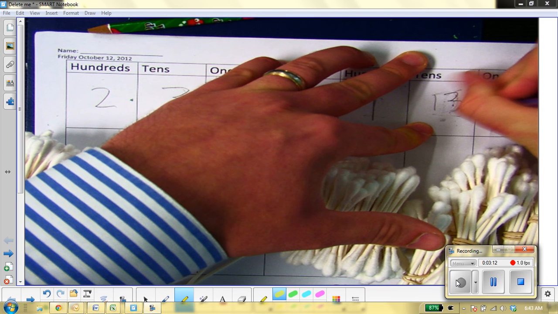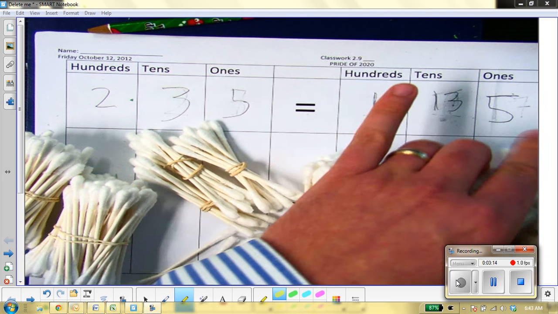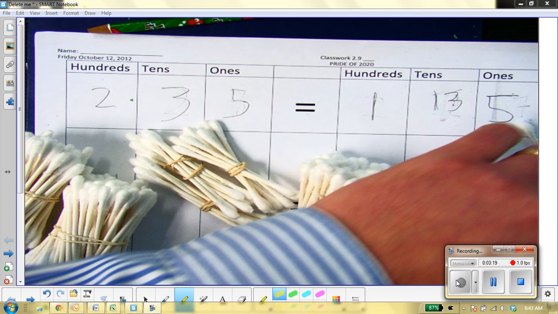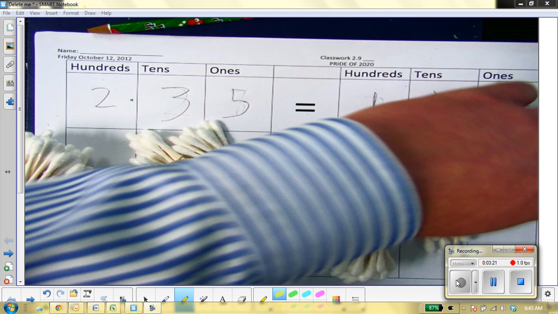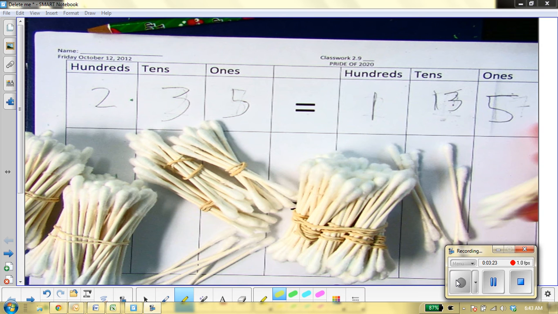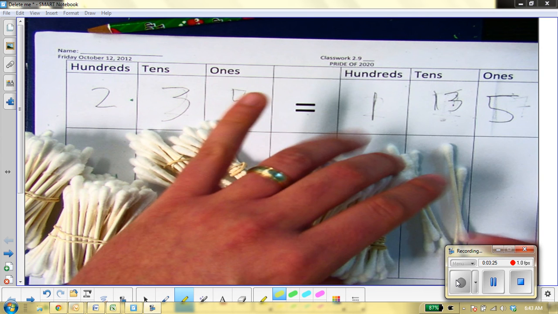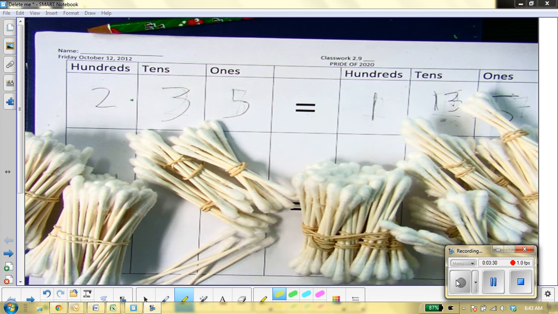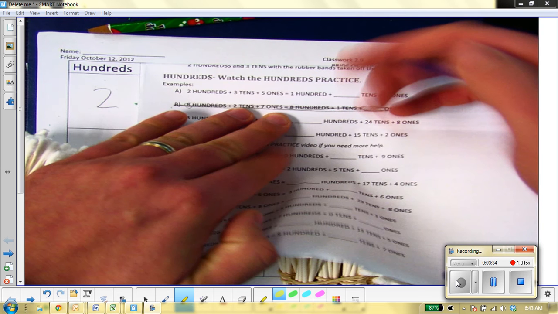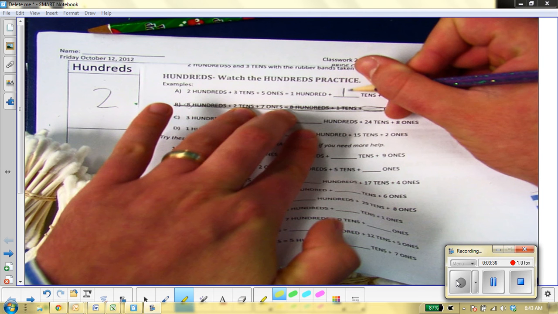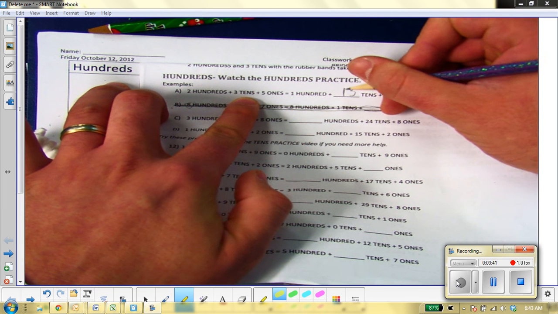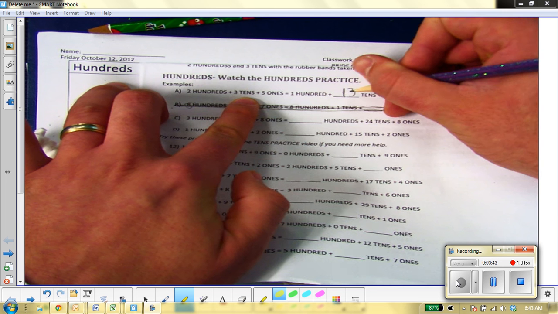I can see that by counting them. I still have 5 ones. Let's go ahead and mark that on our answer sheet. Since I borrowed 100 in the tens place, I ended up with 13 tens.